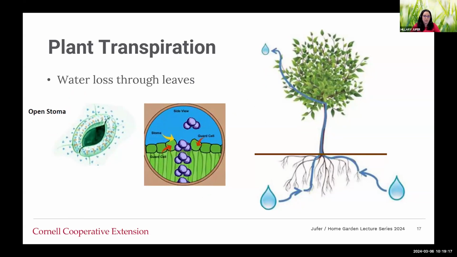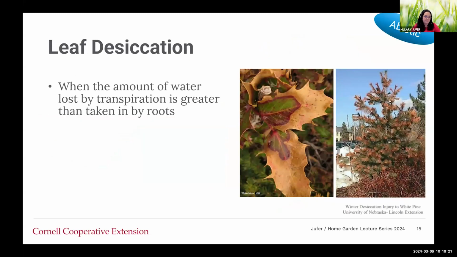So when I'm talking about leaf desiccation, I'm talking about the amount of water lost by transpiration being greater than what's taken in by the roots, because all trees lose water during normal metabolic processes, even in winter.